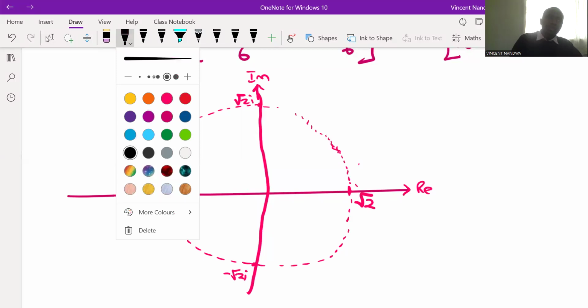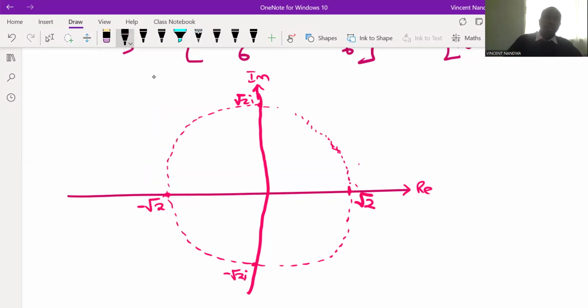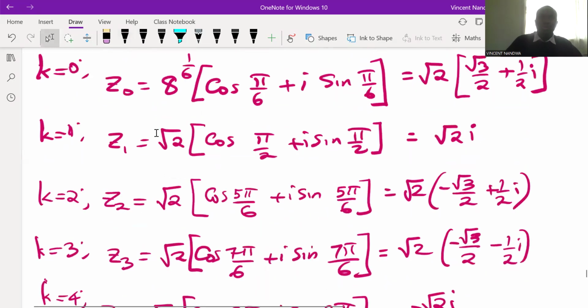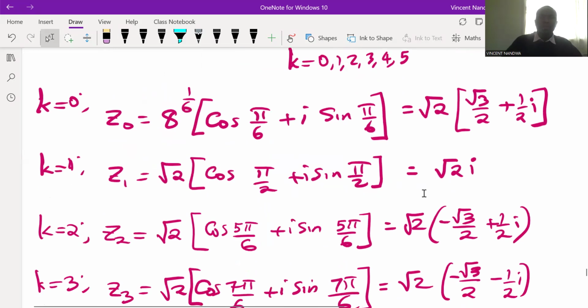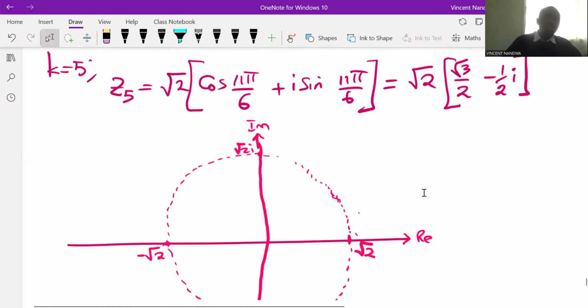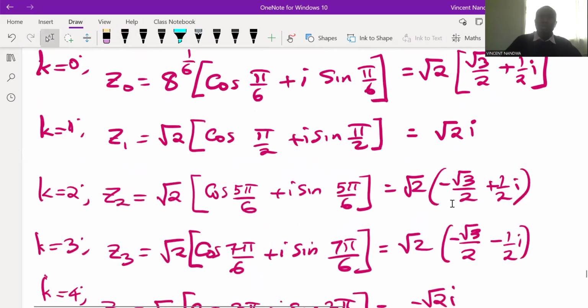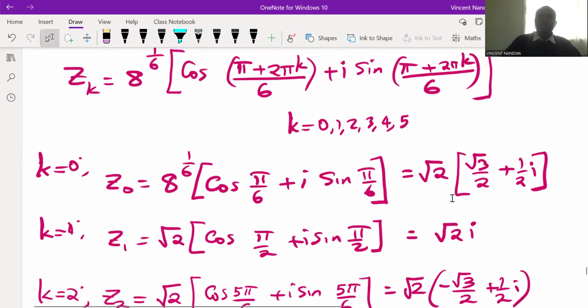So this is a position where we have our z0. z1 is where you have root 2 i. So z1 is here. z0 was root 2 times root 3 over 2.